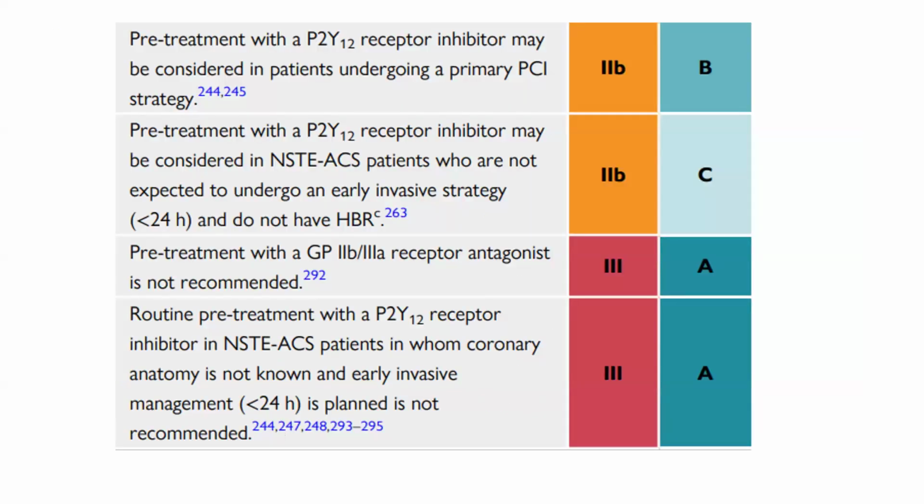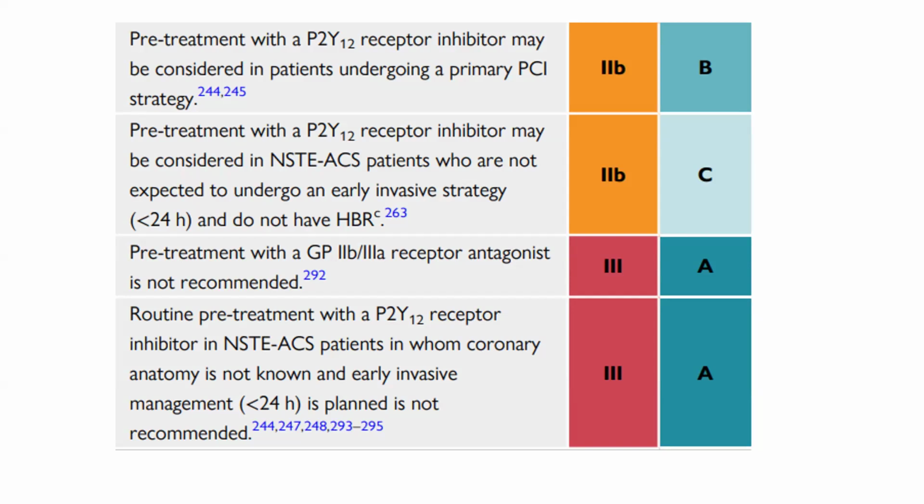Pretreatment of P2Y12 receptor inhibitor may be considered in patients undergoing primary PCI, 2B, and pretreatment of P2Y12 inhibitor may be considered in non-ST elevation acute coronary syndrome patients who are not expected to undergo early invasive strategy and do not have a high bleeding risk.